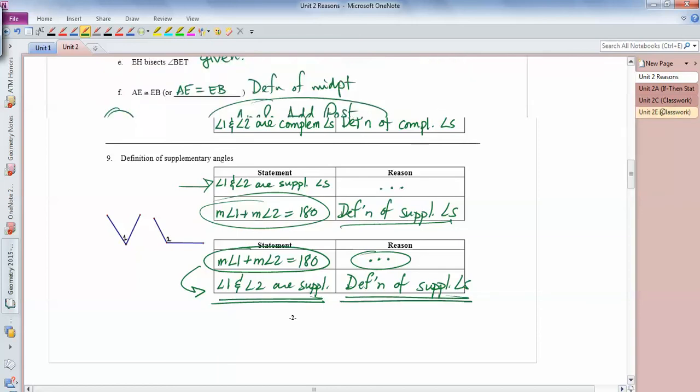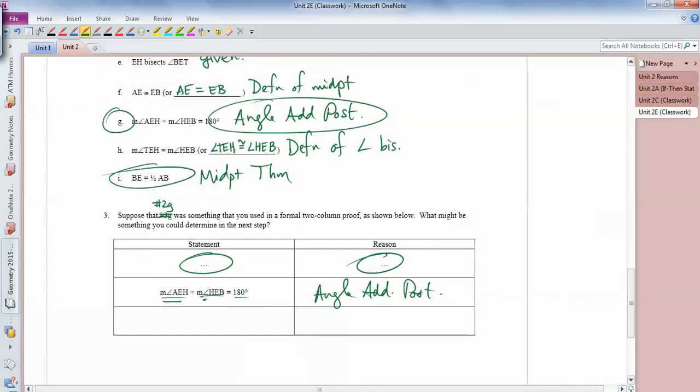So right here, I'm going to say, well, I know these two angles have to be supplementary. Angle AEH and angle HEB are supplementary angles. And the reason is because that's the definition of supplementary angles.